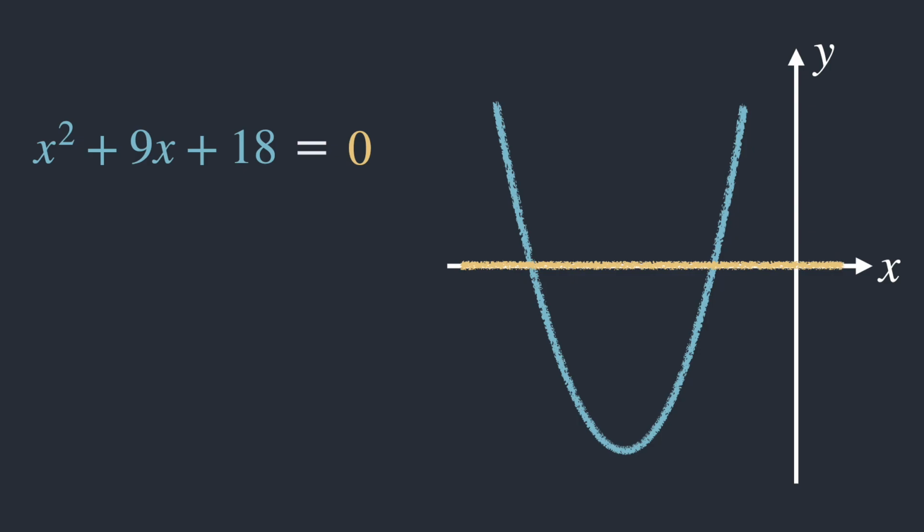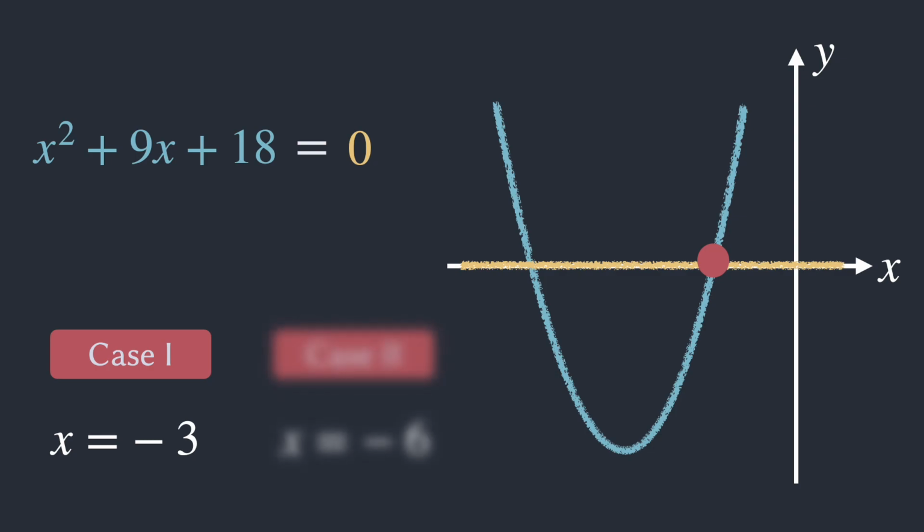Solving the equation means finding the two points that are shared by these two curves. Now, we found the first one through our case 1, which was the point where x was equal to negative 3. And we found the second point shared by both of these curves, which is when x is equal to negative 6.